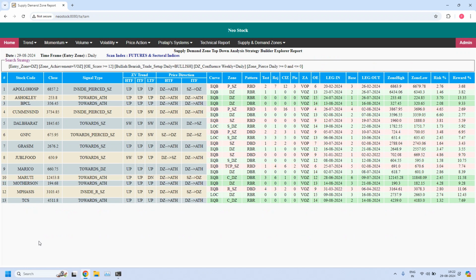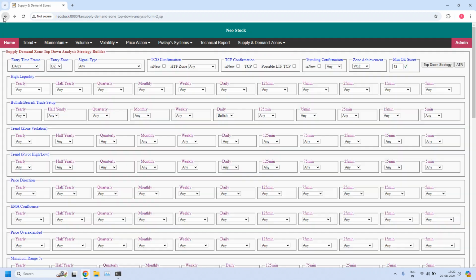And because ITF trend is uptrend, we can also look into these stocks having EMA confluence. Because ITF is weekly, EMA confluence. This is the weekly time frame. We have demand zone, weekly demand zone with weekly EMA confluence.